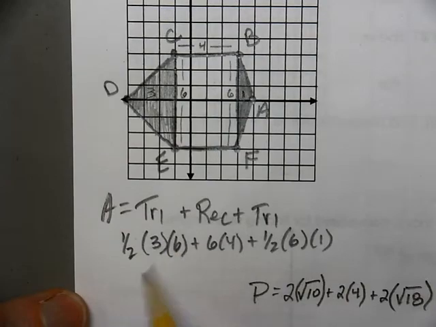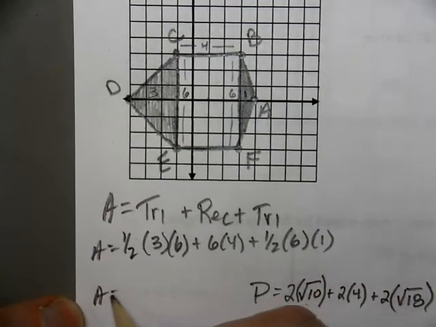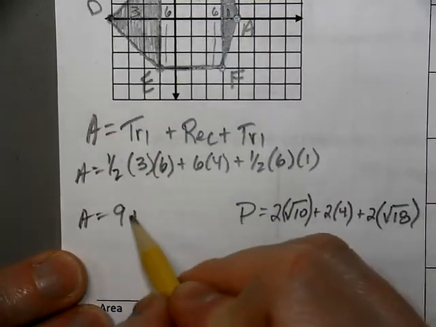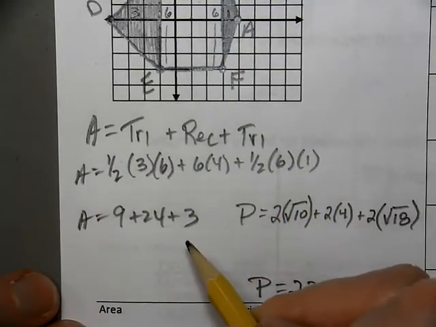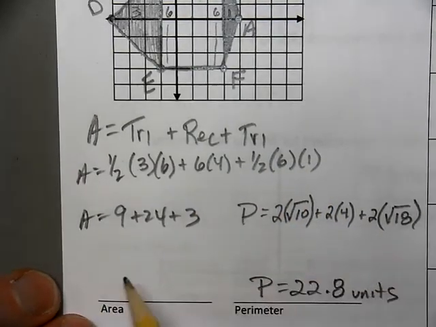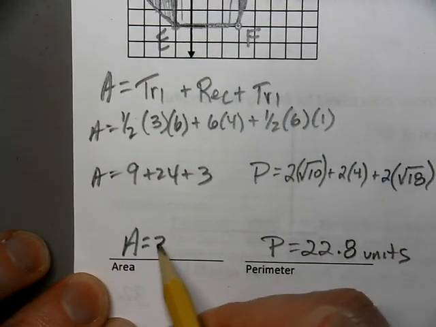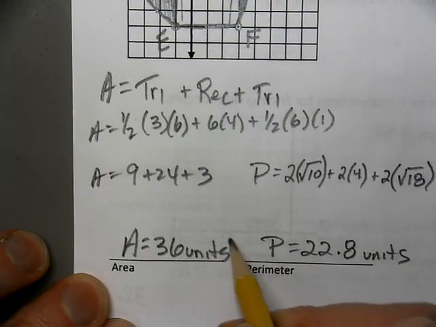That gives us 18 divided by 2, which is 9, plus 24, plus 3. That comes out to an area of 36 units squared.